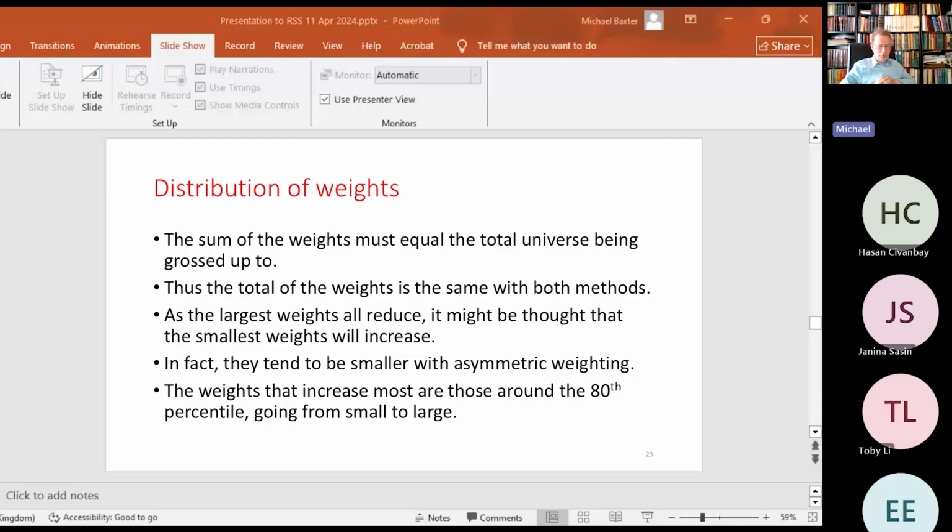So it might be thought the smallest weights will increase. And much to my astonishment, the smallest weights tend to be smaller. I can't explain this. It's just an empirical fact. The weights that increase most are those around about the 80th percentile, going from the smallest weights to the largest weights.